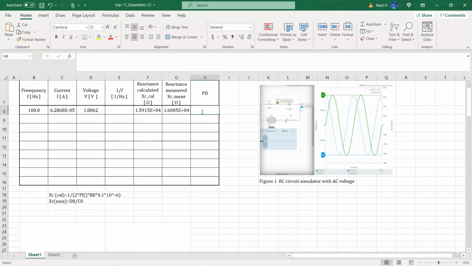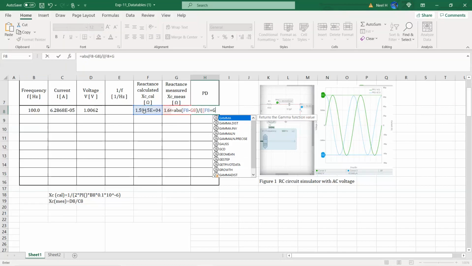Then we'll compare these two, equal ABS. Since we're doing the percentage difference, it doesn't matter which comes first. Difference between the two items divided by the average between the two items, right? F8 plus G8 divided by 2 multiplied by 100.